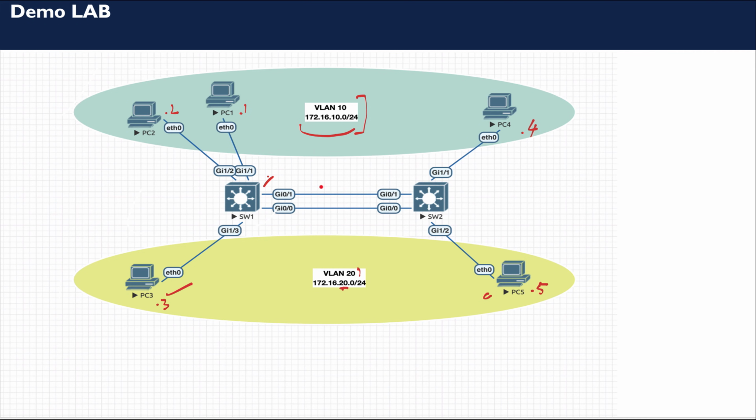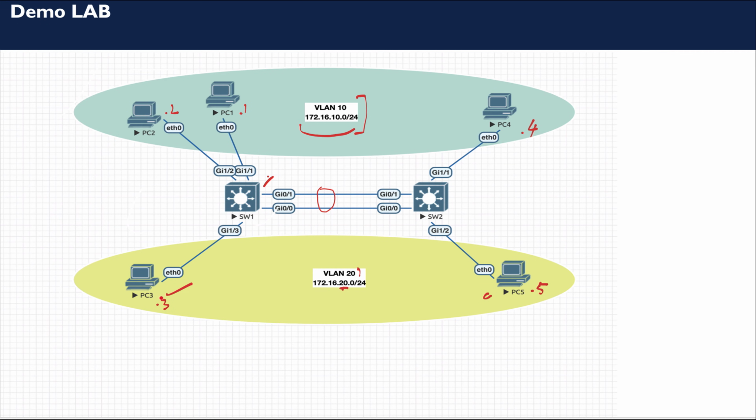Now we are not looking at what happens here in terms of whether we are trunking the VLANs or not. So we will focus only on PC1, PC2 and PC3 for the time being. So in theory, PC1 should be able to ping PC2 because, A, they are on the same VLAN, and that's VLAN 1, and also they are on the same subnet. So routing wise or LAN wise, they are on the same subnet.